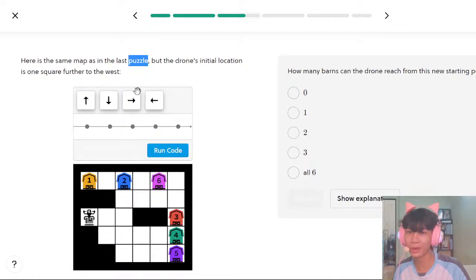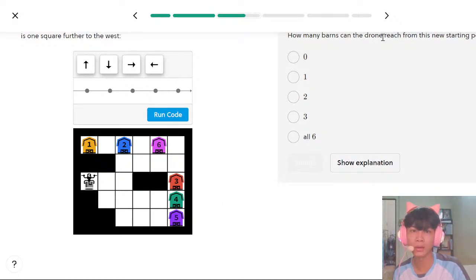But when the location is one more square further to the west, we are unable to reach the yellow house. How many barns can the drone reach from this new starting point?